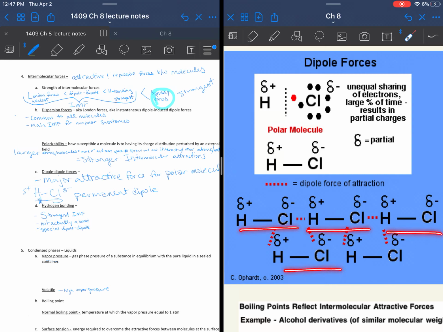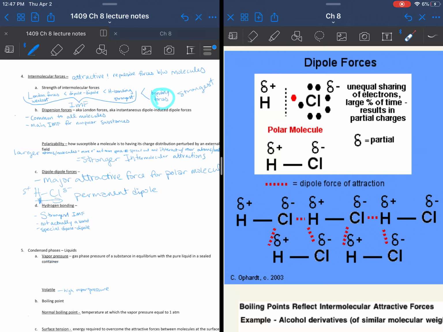What is that going to do? That is going to, for one, cause a little bit more order, even in a liquid, between your molecules, because you are going to want to maximize the attractive forces and minimize the repulsive forces. So you notice the chlorines start lining up with hydrogens on nearby molecules, and there's going to be an attraction between that negative and positive charge.